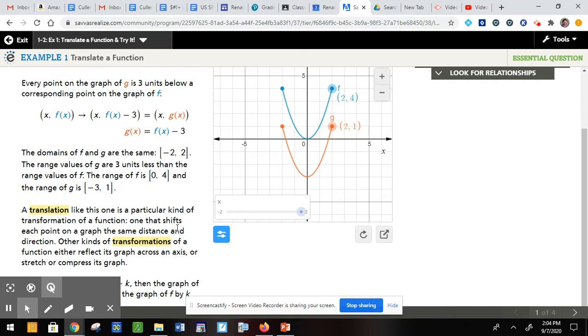But for this specific kind of transformation, it's called a translation because it just moves it exactly the same amount all the way across. In this case, what it's talking about is that k value, the number outside the function. So g of x is equal to whatever f of x is minus 3 because everything went down 3.